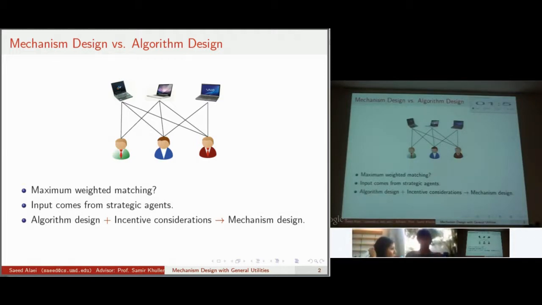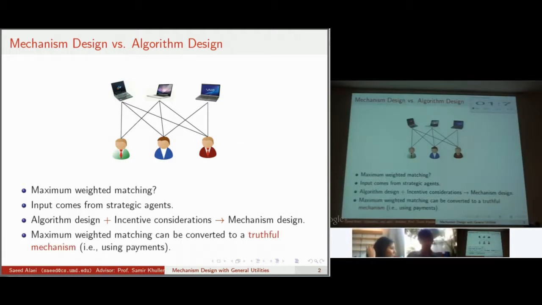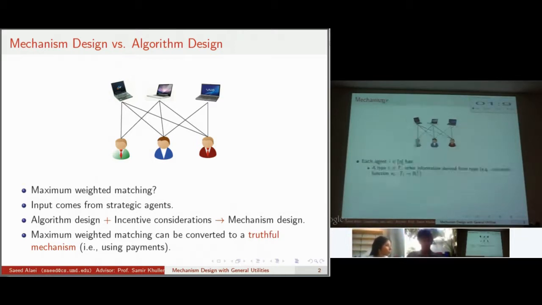The performance of the mechanism is measured with respect to the true input and not with respect to the reported input. In this case, for the maximum weighted matching algorithm, there is a way to come up with a payment scheme to convert it to a truthful algorithm, which means everyone would report their true valuation for the items.